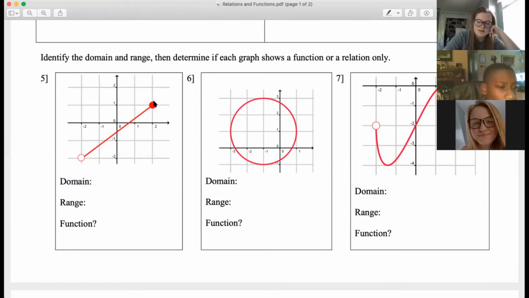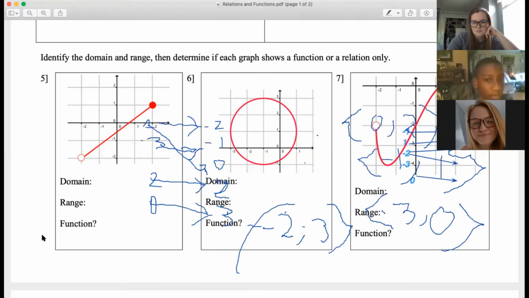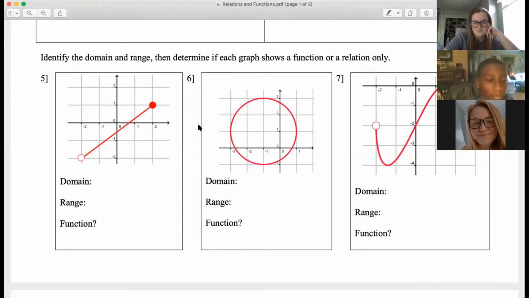What's the biggest x value and what's the smallest x value? The biggest x value would be a positive 2, and then the lowest x value would be a negative 2. Yeah, good. So can you go ahead and write that in the notation that we use?